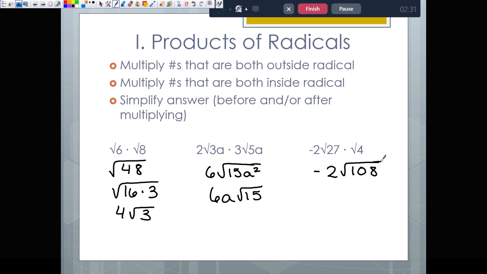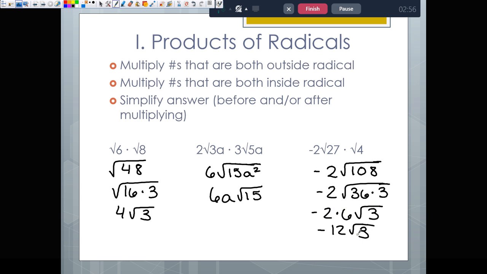What's the square root of 36? And negative 2 times 6 would be negative 12 square root 3.